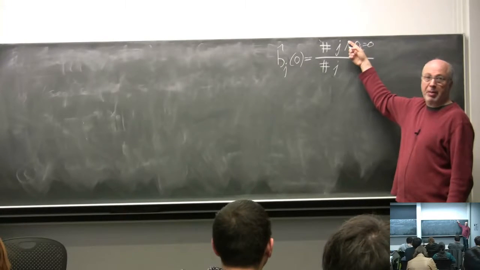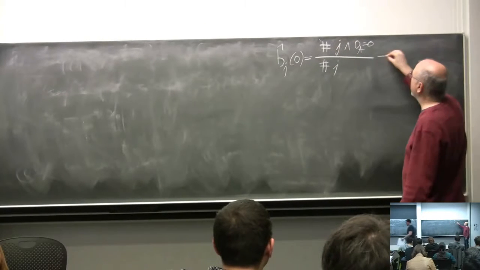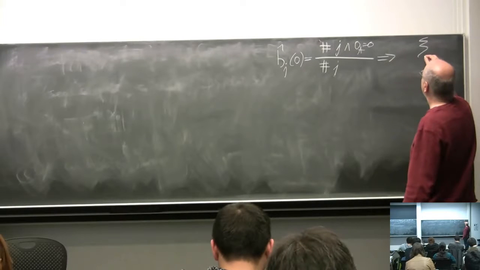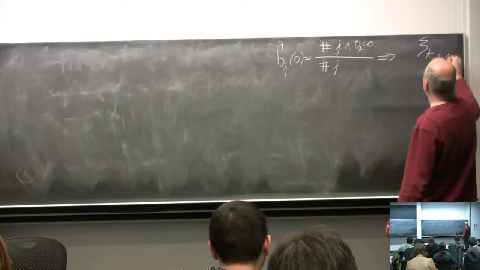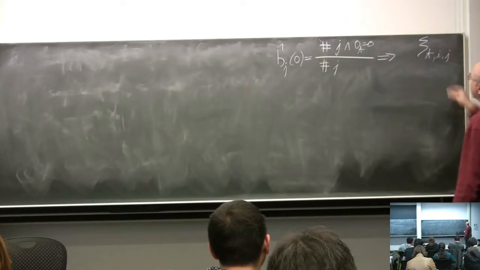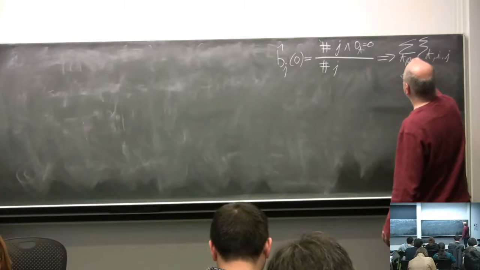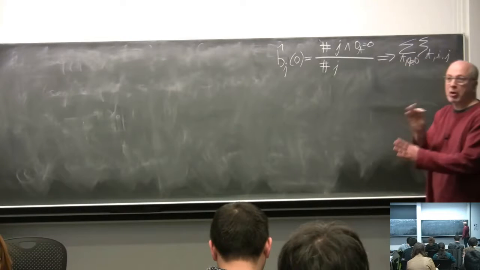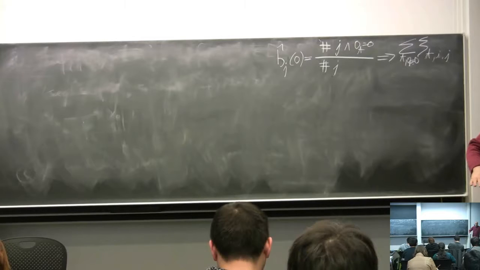I do know when the system emitted symbol O, but I don't know if it was in state j or not. So as a result, this will change into psi of t i j summed over all t such that O sub t is O. There's no point in summing over positions where the output was not O. We know that's out of the story.